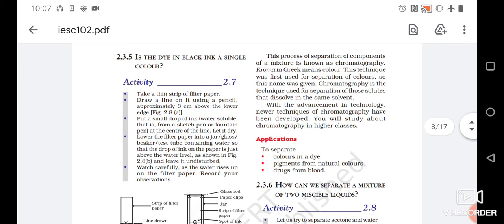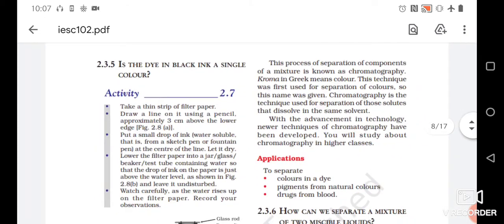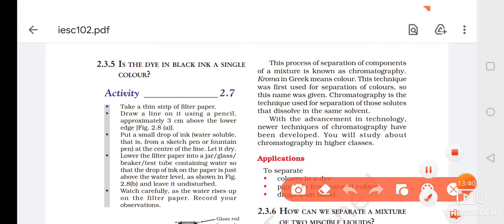It is very important that you see the principle of chromatography. What does the principle say? Chromatography is the technique used for the separation of those solutes that dissolve in the same solvent. We will separate only those solutes which dissolve in the same solvent.